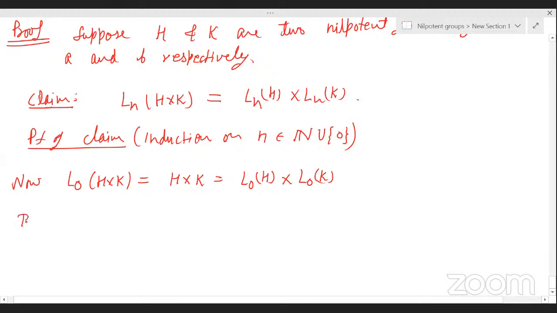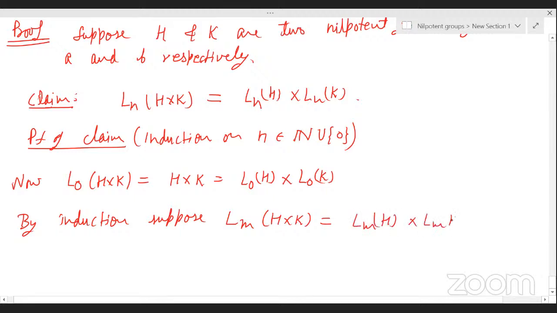So by induction, suppose L_m of H cross K is equal to L_m of H cross L_m of K for some m in N. So what do we have to show now?